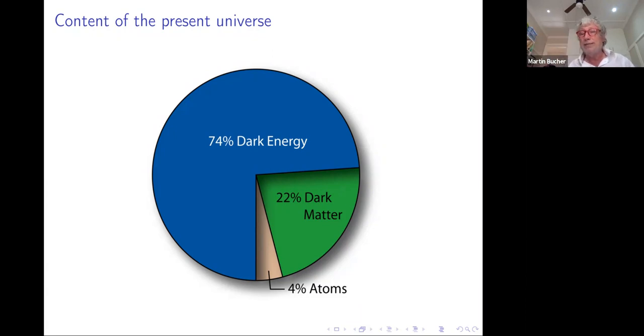And then you can measure the rho crit, and you can measure the different components as fractions of the critical density. So we have 4% atoms, which is sort of stars, baryons, but baryons include leptons. Then you have the dark matter, which doesn't interact, and then there's the dark energy, which is like a cosmological constant.